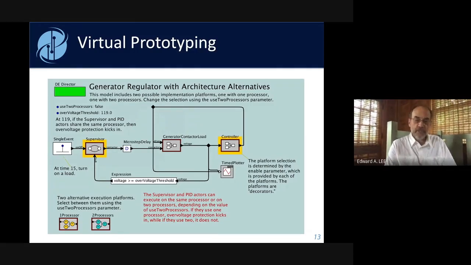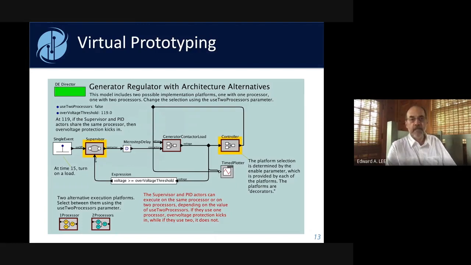Another use of this heterogeneous modeling capability is to do virtual prototyping. So we did a lot of work with funding from SRC and various companies on being able to do virtual prototyping, and the test cases were all in the avionics space.